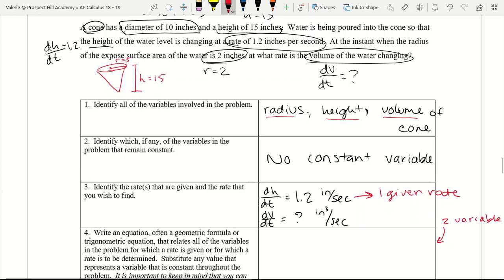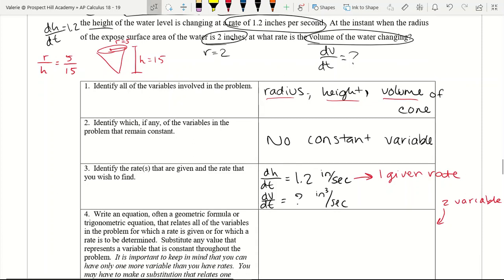So there's a ratio here between the radius and the height, right? So radius to height is 5 over 15, right? So using that information, I can rewrite the radius in terms of h and the height in terms of r.